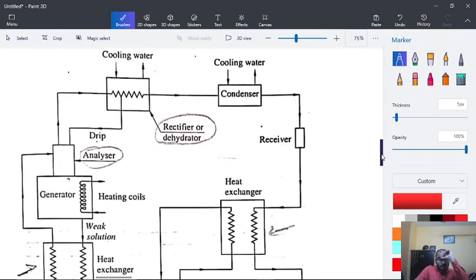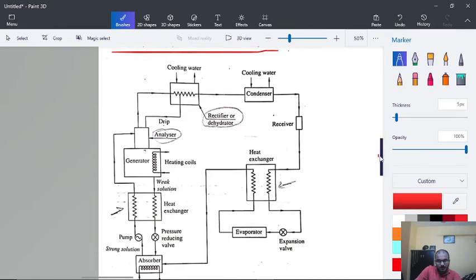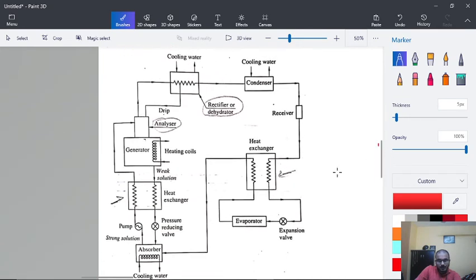So here let's focus on this figure. It is having few new parts over here. I hope the full figure is visible to you.